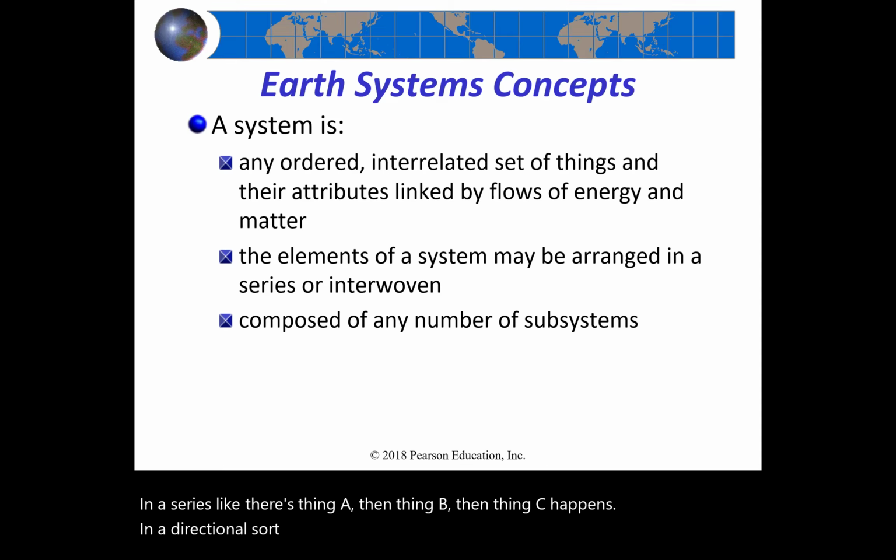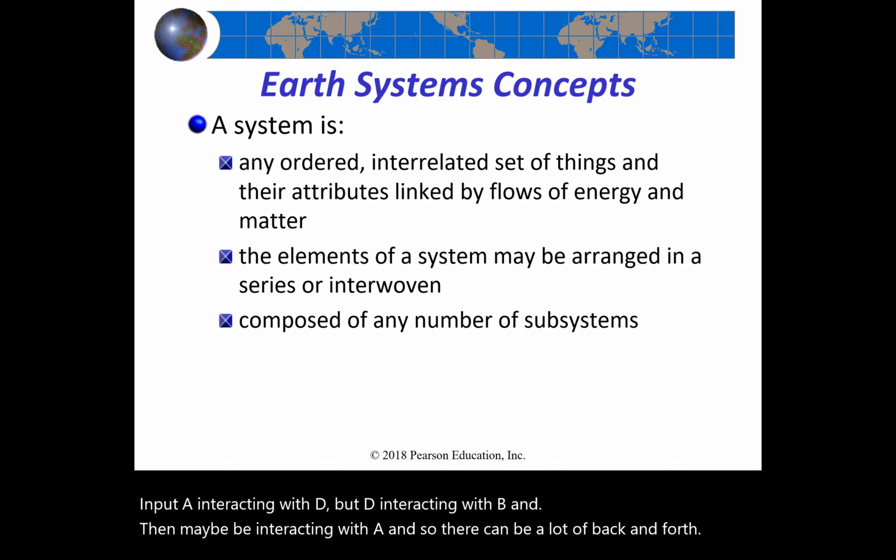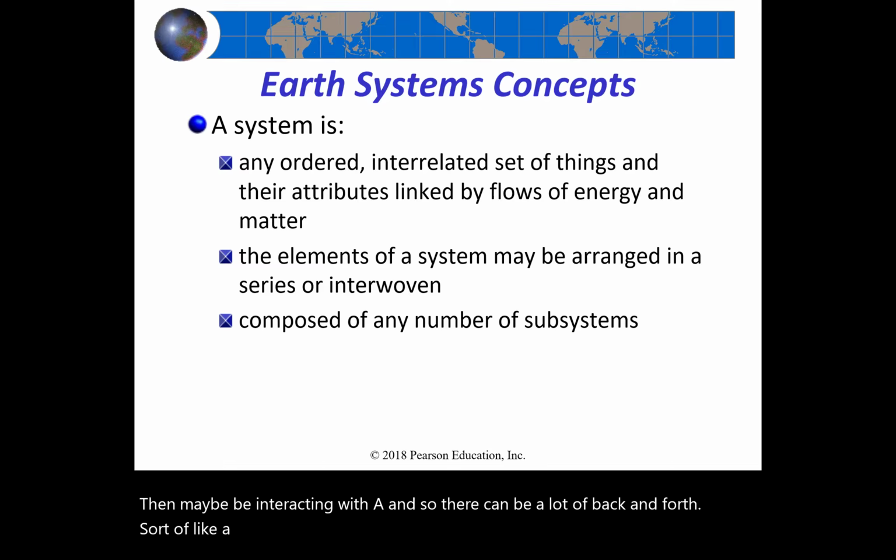Or we might have input A interacting with D, but D interacting with B, and then maybe B interacting with A, and so there can be a lot of back and forth, sort of like a web being woven, in that sense.